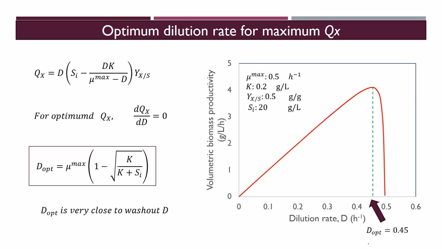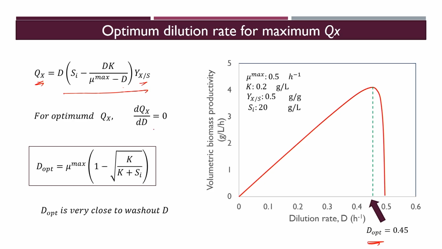Now, one more interesting term comes: how to find the optimum value of D? It should be the optimum value for the biomass, right. So, you just see, volumetric productivity is given as D (Si minus D Ks upon (mu max minus D)) into Yxs.